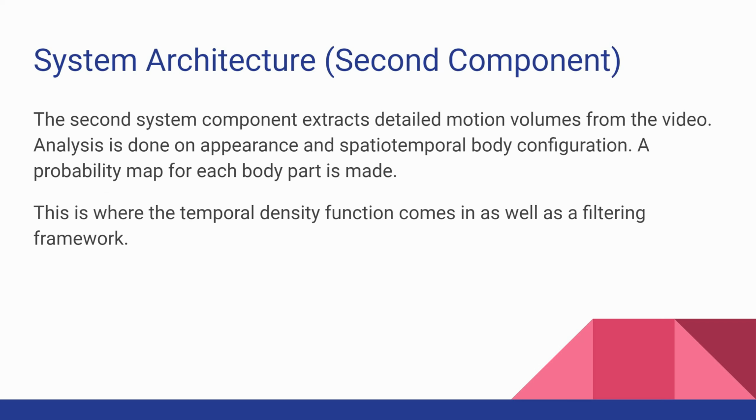A probability map for each body part is made. This is where the temporal density function comes in, as well as the filtering framework. You take the space of the body and the appendages, and using their algorithms paired with the first component, you get an idea of where the body is going to be moving.